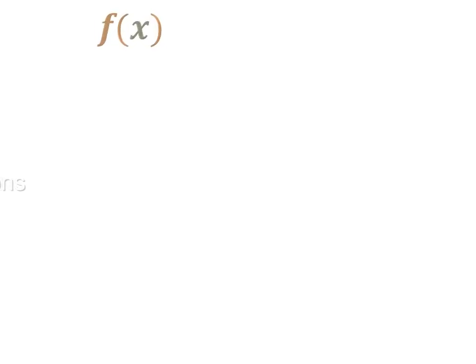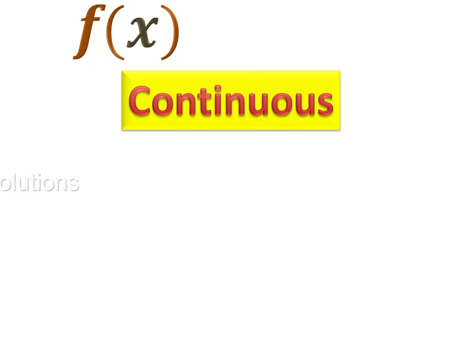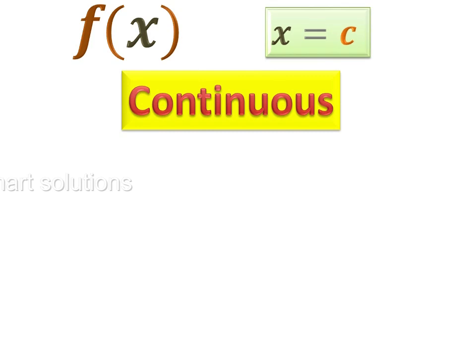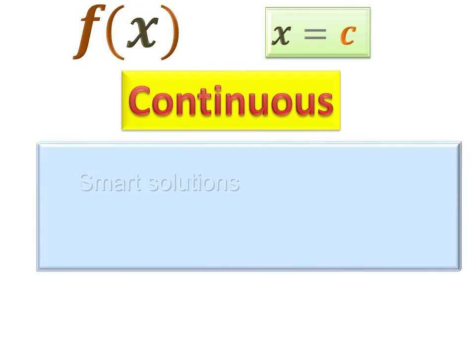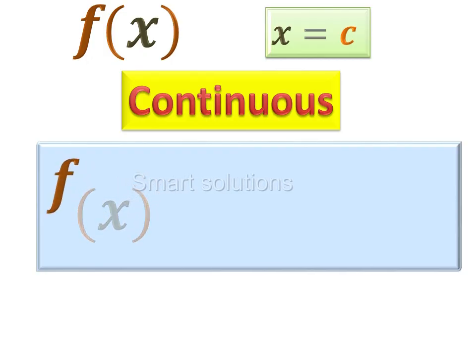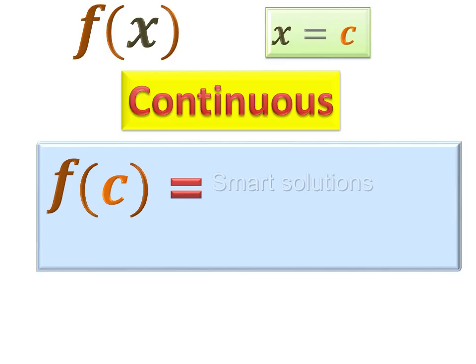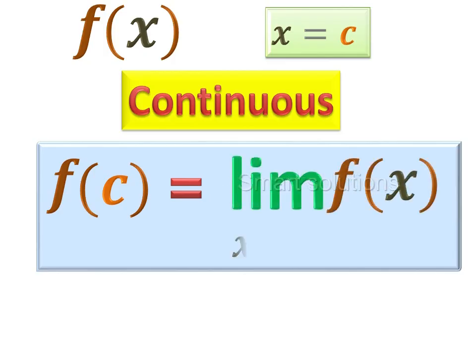Mathematically, continuity is defined as follows: a function is continuous at x is equal to c if the function is defined at x is equal to c, and if the value of the function at x is equal to c equals the limit of the function at x is equal to c.